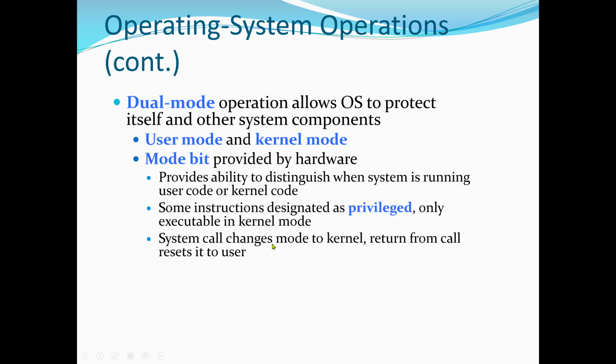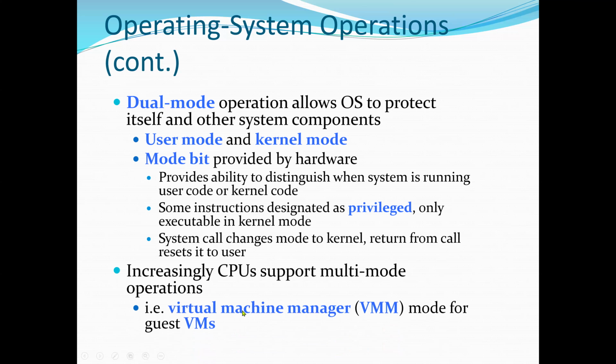So a system call is more or less a program that tells the operating system to do some work. Increasingly, CPUs support multi-mode operations, for example the virtual machine manager mode for guest virtual machines.